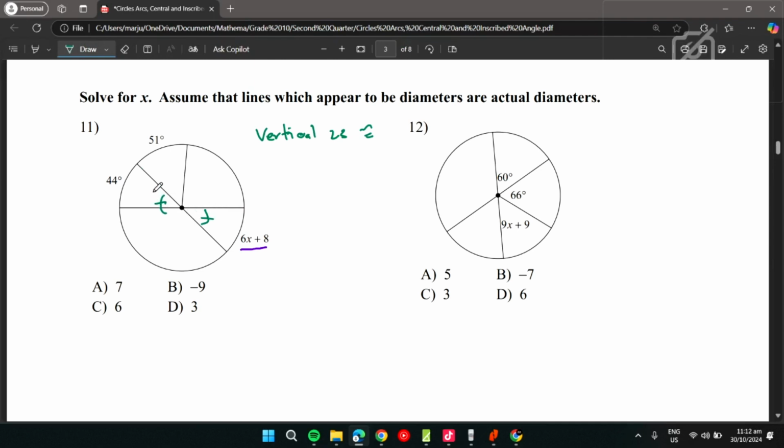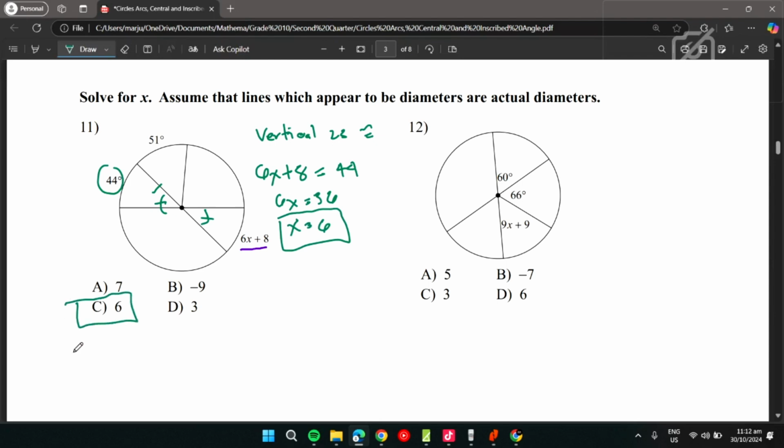But since this and this are also equal, by the transitive property, we can say that 6x plus 8 is also equal to 44. And we need to solve. This is now 6x equals 36. So x equals 6. What letter is that? That's actually letter C.